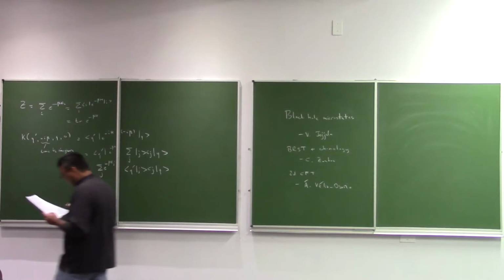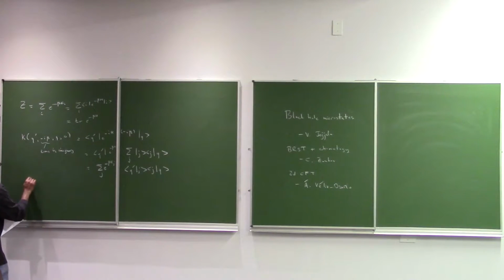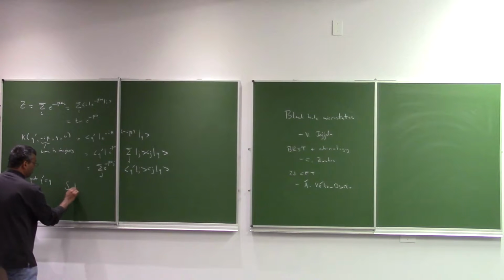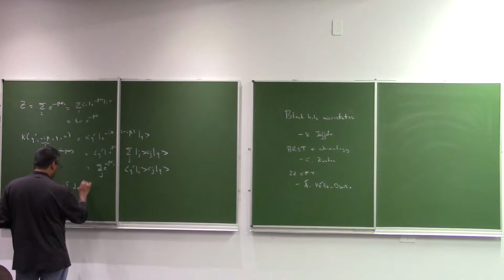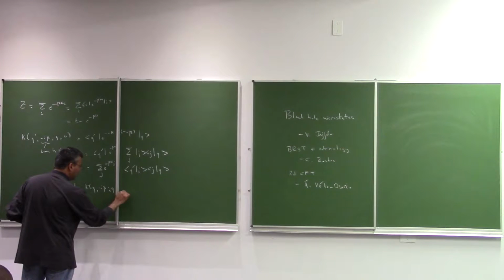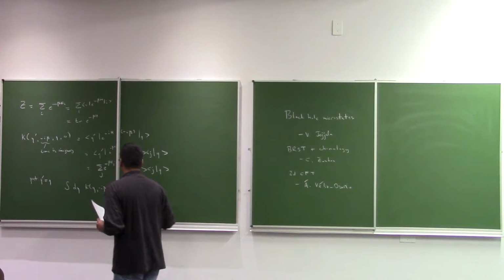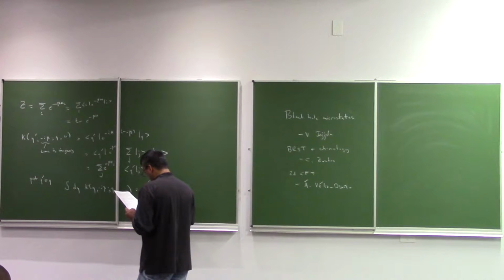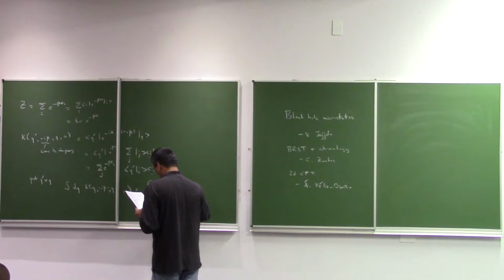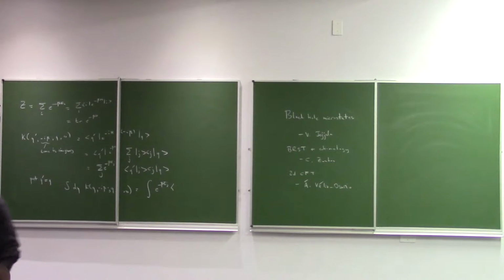And let me set q prime equal to q, and let me integrate over all the intermediate states, over all the states in the system. So K(q, minus i beta; q, 0) equals the integral of e to the minus beta E_j.